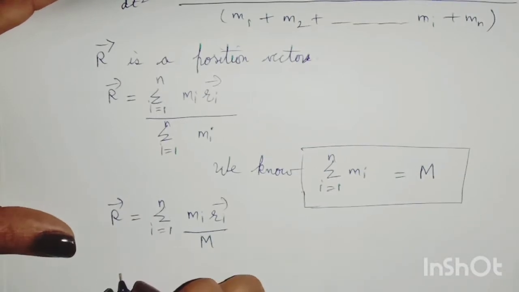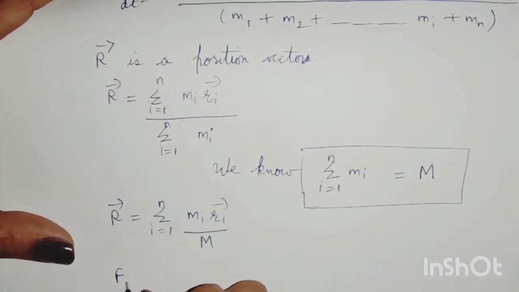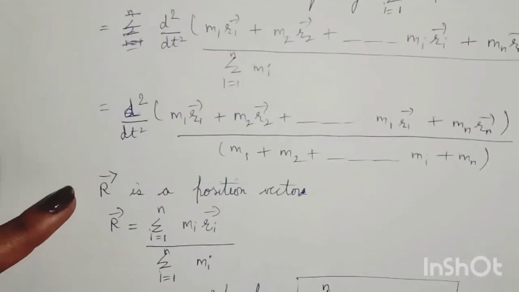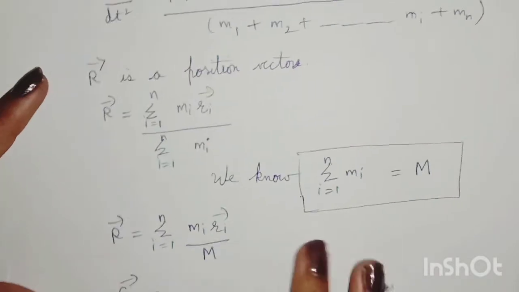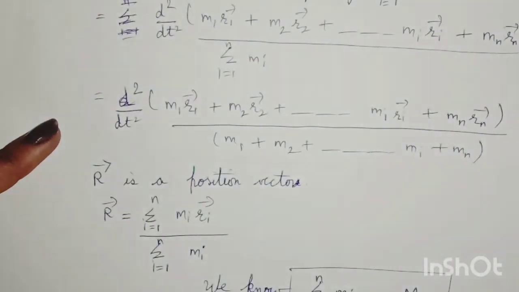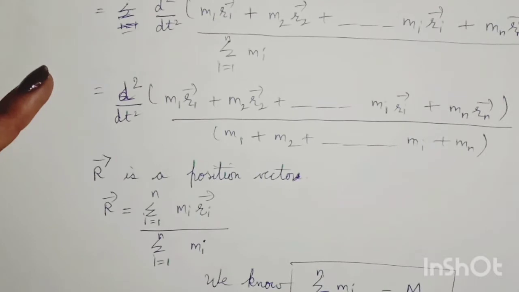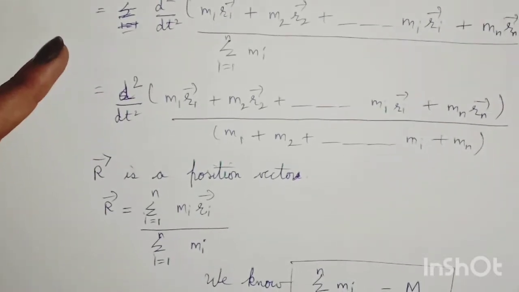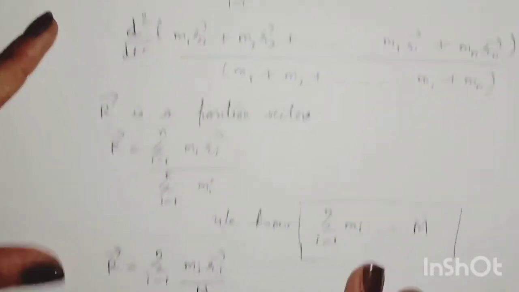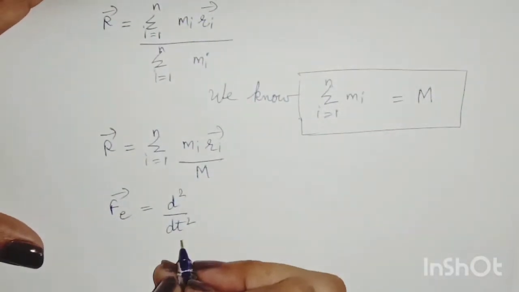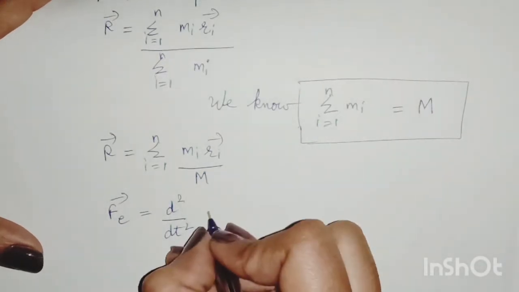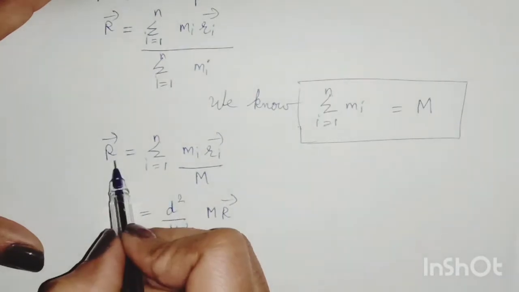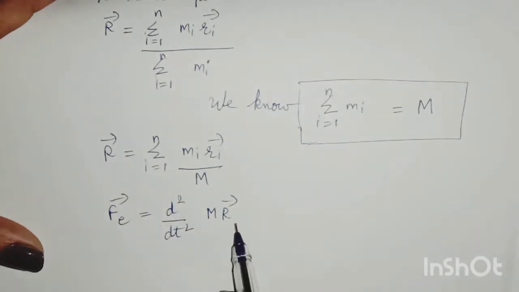So we get F external force is equal to, now we have to put this value here, so we can write Fe vector is equal to d square upon dt square of m into r vector. From here m goes to here, so we can write m into r vector.